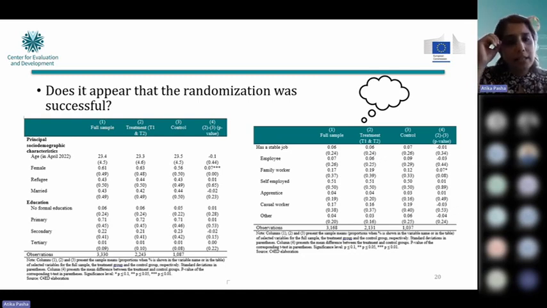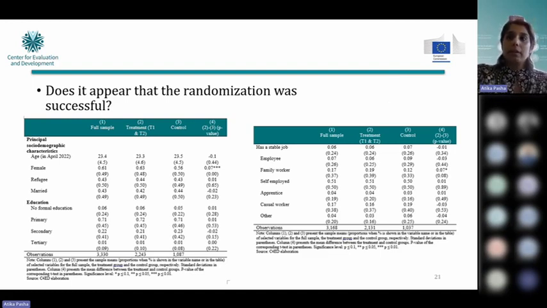We can say that the differences in income and differences in employment are caused by the program, and are only attributable to the program. Not the fact that one group is more educated, not the fact that one group was starting with more employment in the first place, but that they are comparable at the start, and therefore the results we see at endline are because of the program itself.